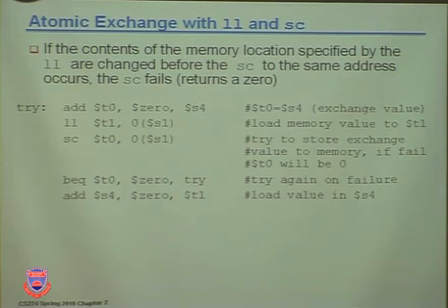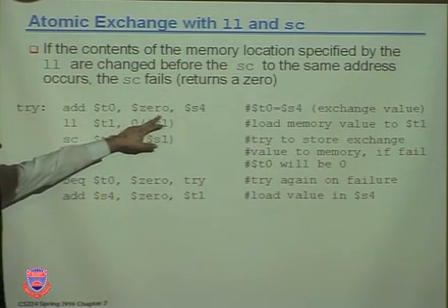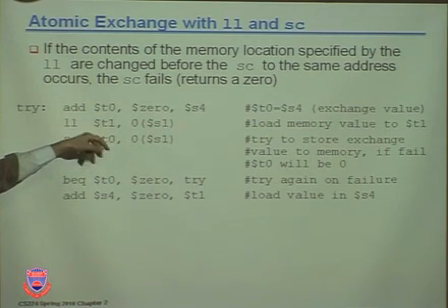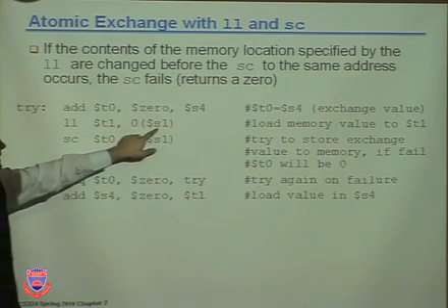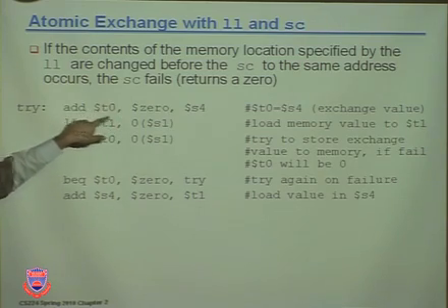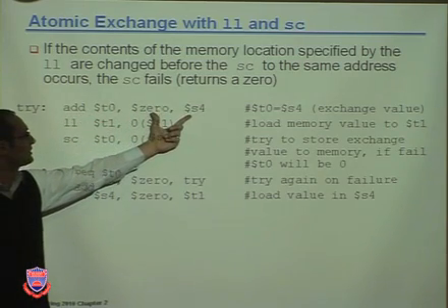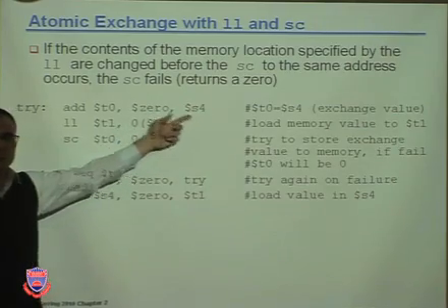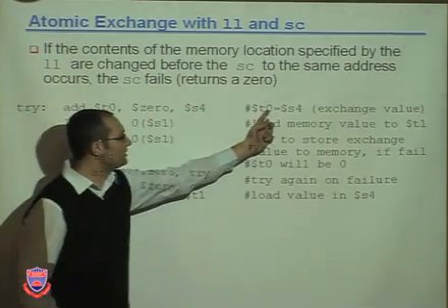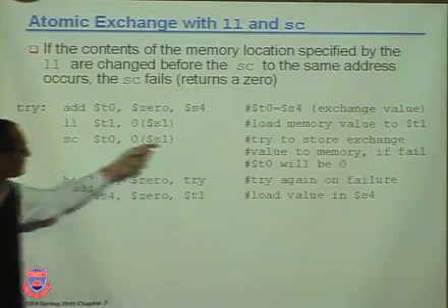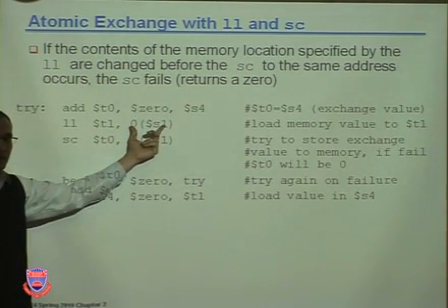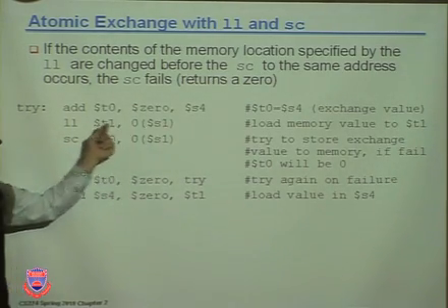So let's give an example of this. Here, you first try to exchange the value of a certain address, which is given with S1. First you add S4 to 0 into T0, which actually moves the value of S4 into T0. So T0 is now equal to S4. Then you load the value stored in this memory location into T1.